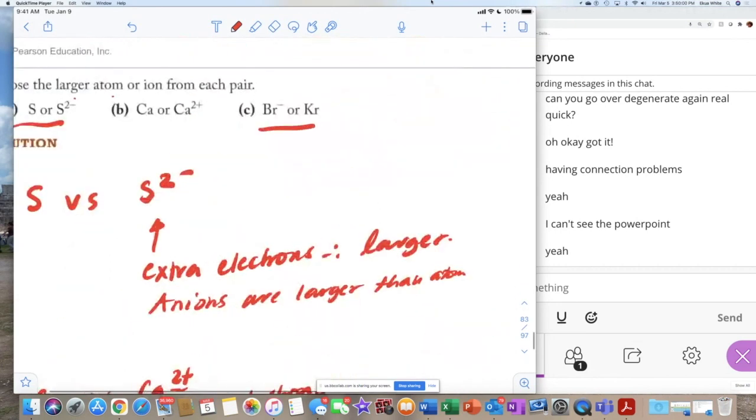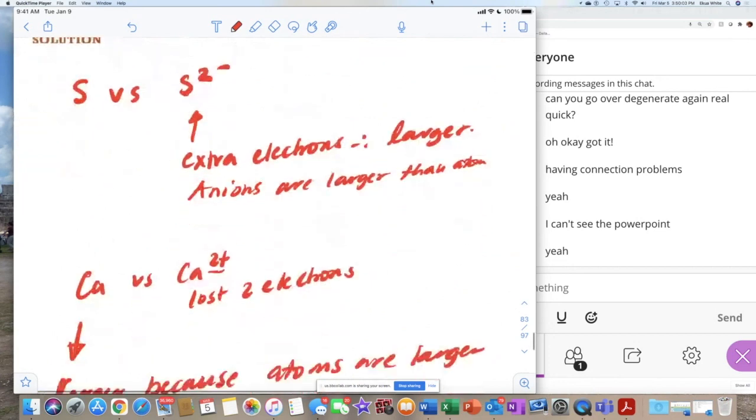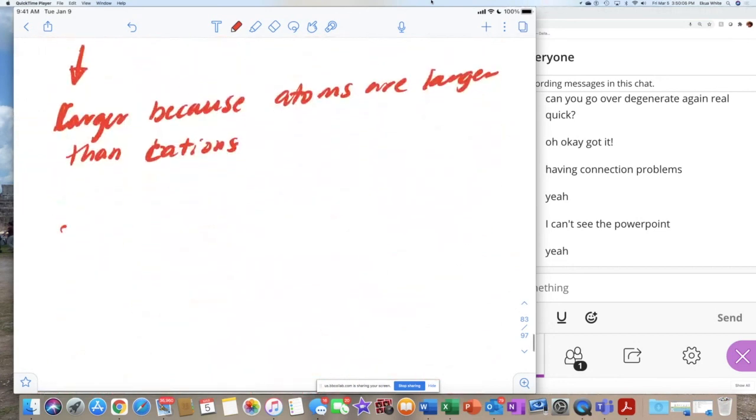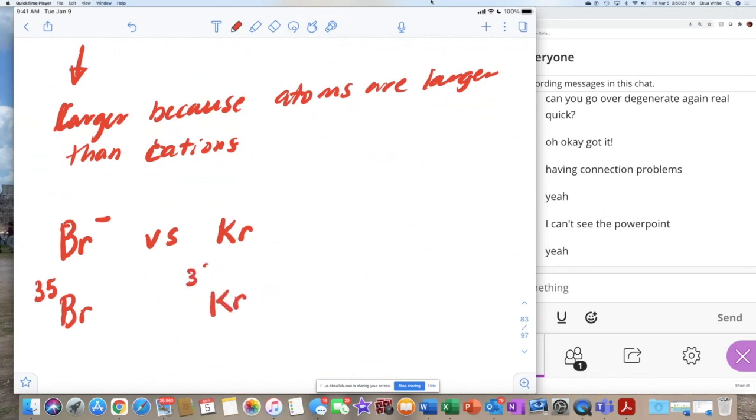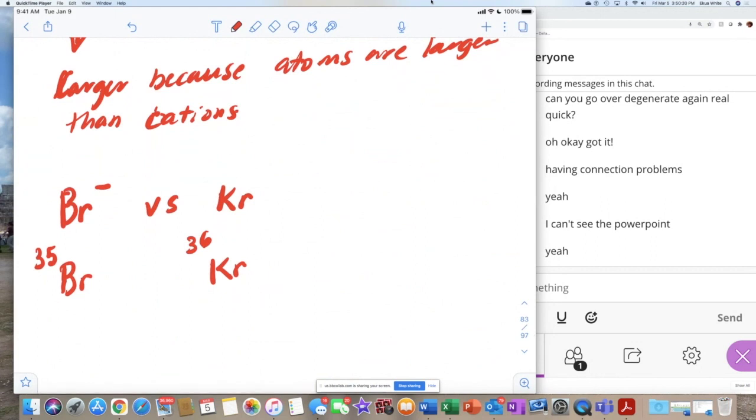Okay. The last one we have this. Ooh, these are different elements. Let's see what they have in common though. Br minus versus Kr. Br by itself has 35 electrons. Kr by itself has 36 electrons. So when Br becomes Br minus, it gains 1 electron to become 36. Kr, nothing changed, it's at 36. So the number of electrons in the end are the same.